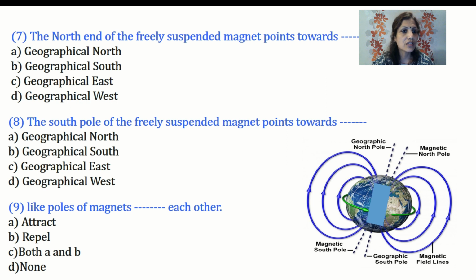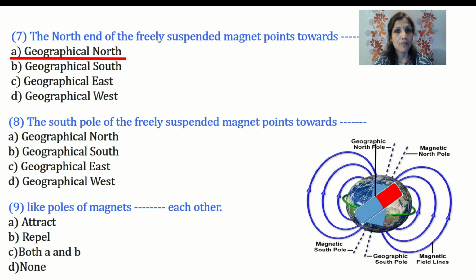Our question is, the north end of the freely suspended magnet will point towards. If I take a bar magnet and freely suspend it in the magnetic field of the earth, it will always point towards the geographical north.